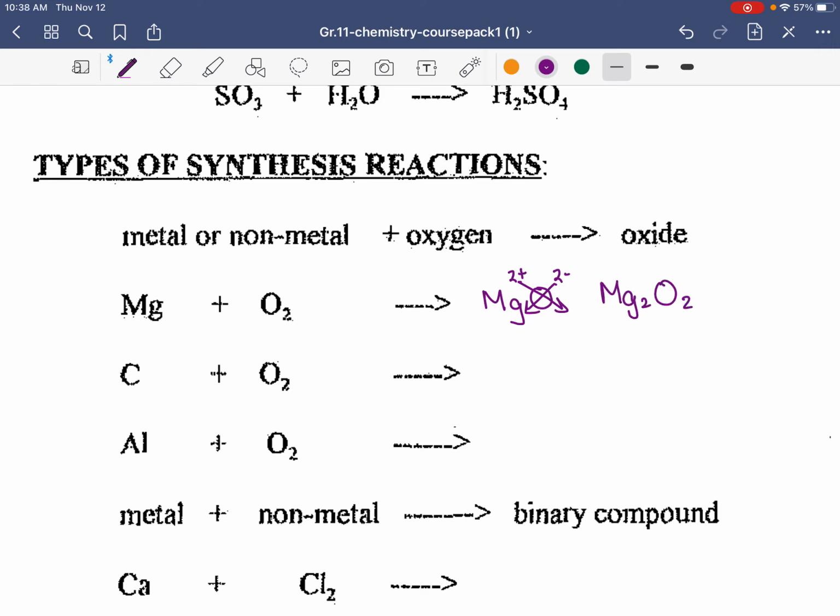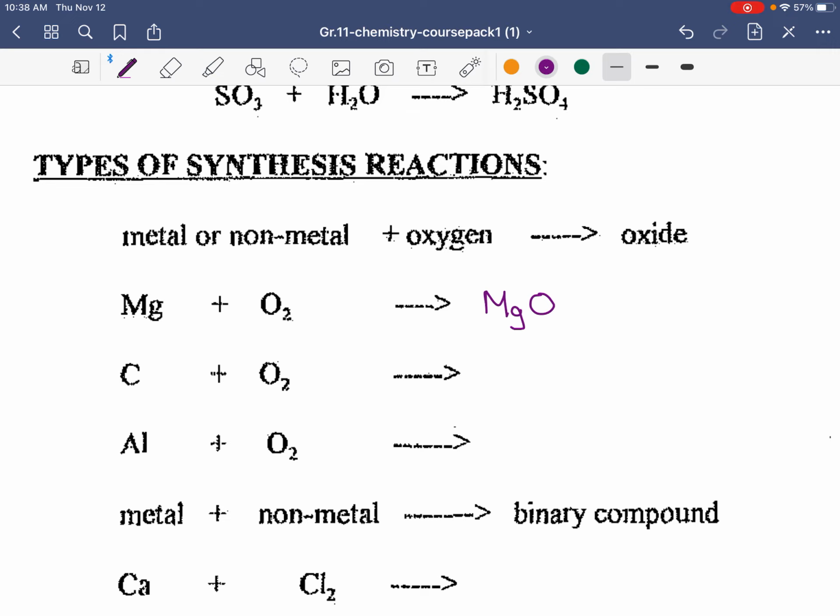And of course, these two are ratios. They are reducible because this is an ionic crystal. The answer is really MgO, due to Mg being plus 2 and O being minus 2.